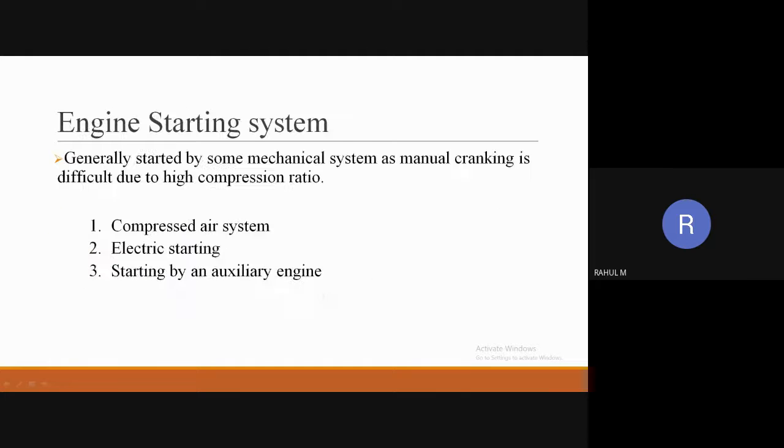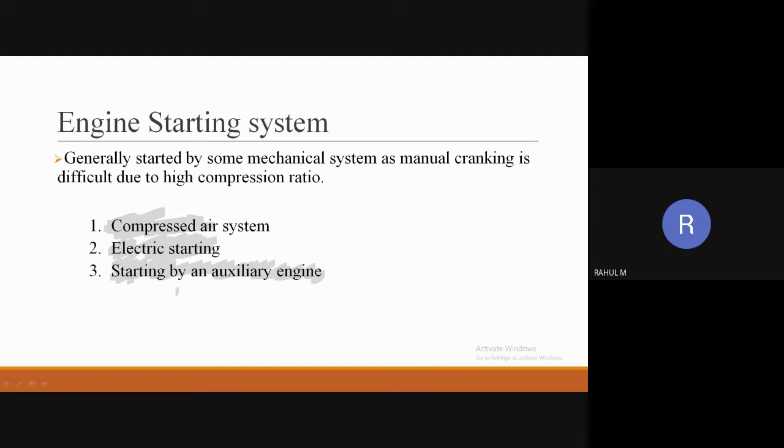Now, your engine starting system, as I said. Initially, to start this engine, there are 3 ways. One is manual starting or using compressed air for starting, as you have drawn in your basic figure itself. Then you have electric starting. Even it can be started using an auxiliary engine.